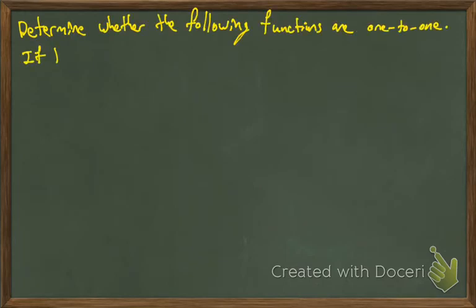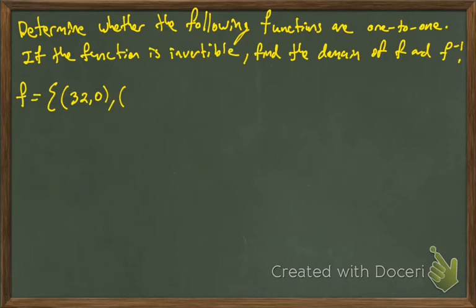Okay. So we're going to take a look at a set of ordered pairs in just a moment. So determine whether the following functions are one-to-one. If the function is invertible, which means it's one-to-one, find the domain of f and f inverse.